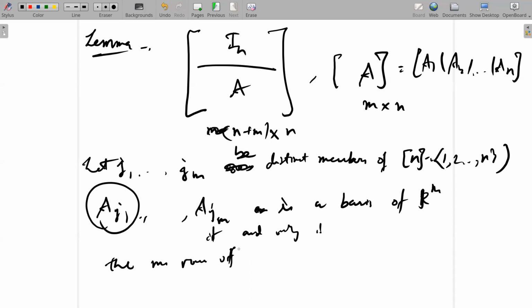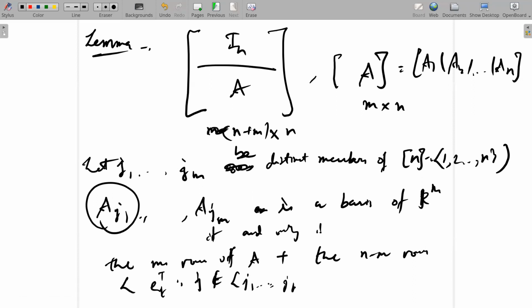Okay, so the m rows of A plus the n minus m rows of this I_n, which are given by, let me just write e_j transpose, where e_j is the standard column vector and j does not belong to this set. You can always write it as a set capital J, but the essential idea is you include all the rows of A and n minus m rows of I_n.